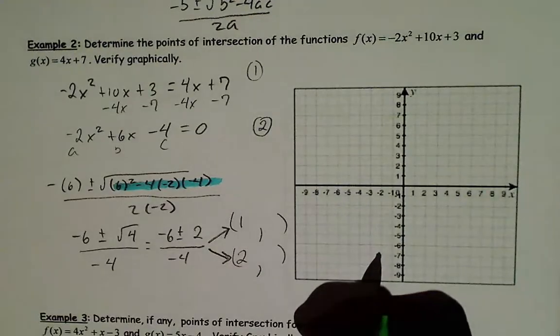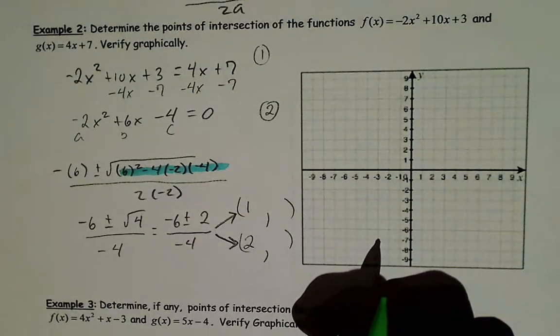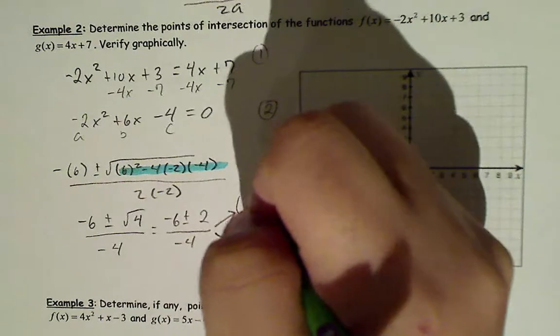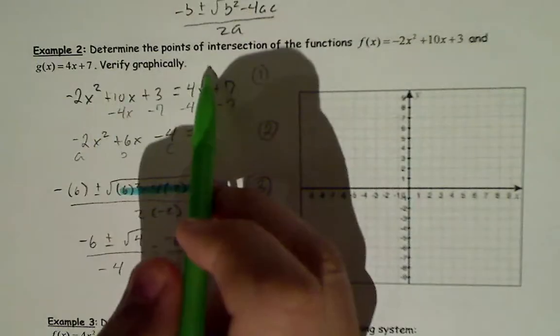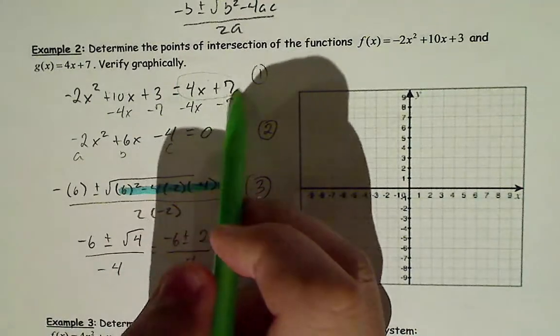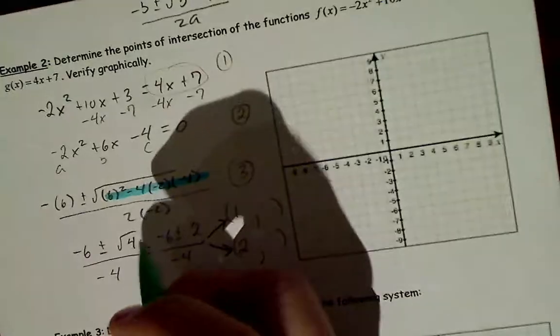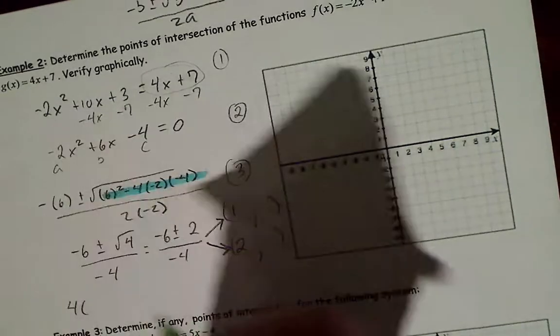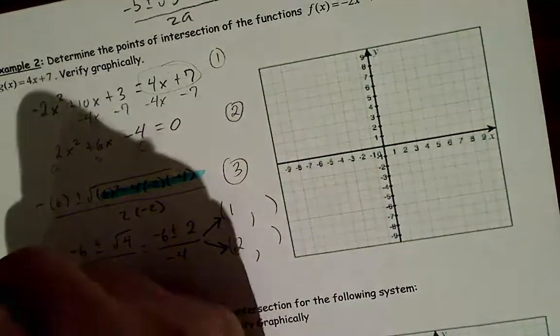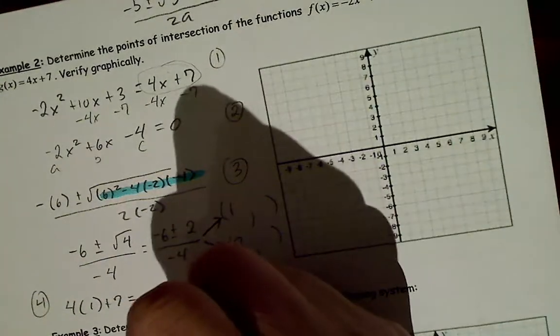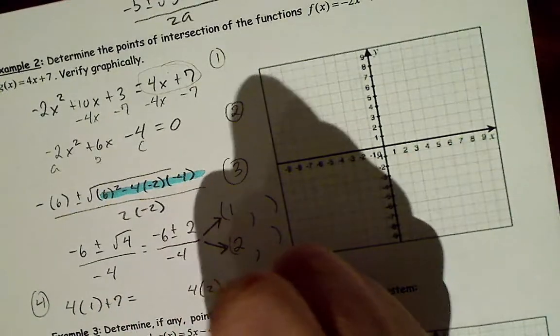Okay. And the way I can get the second point to do these, so this will be step 3, is to take either one of these equations. I'm going to always use a linear one to make this easier. And I'm going to essentially go back and do, okay, 4 times 1 plus 7 is equal to something. This is step 4. 4 times 2 plus 7 is equal to something.